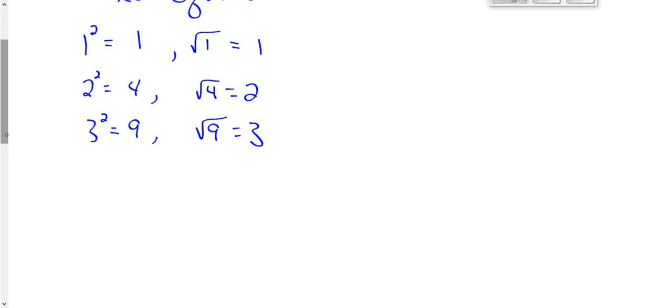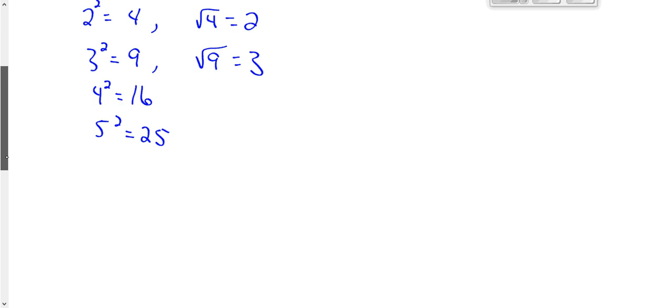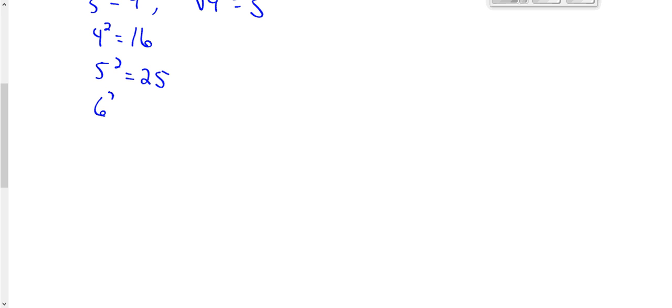So let's list off some more perfect squares. What is 4 squared? 16. So 16 is a perfect square, right? Because I take the square root of it, I get 4, a nice whole number. 5 squared. Let's keep going here. 6 squared. 7 squared. 8 squared.